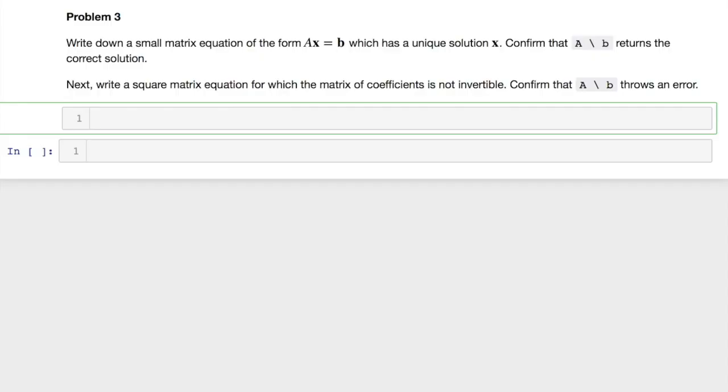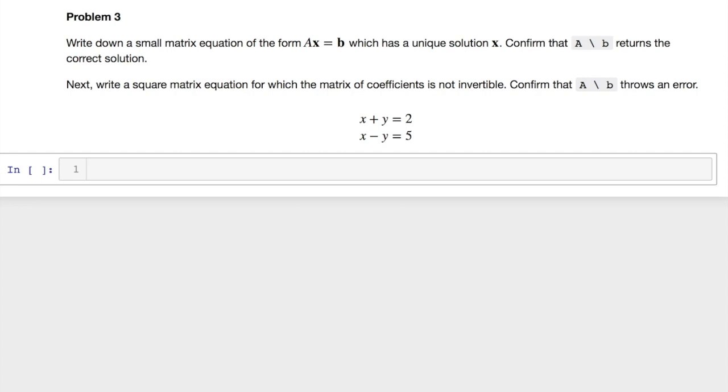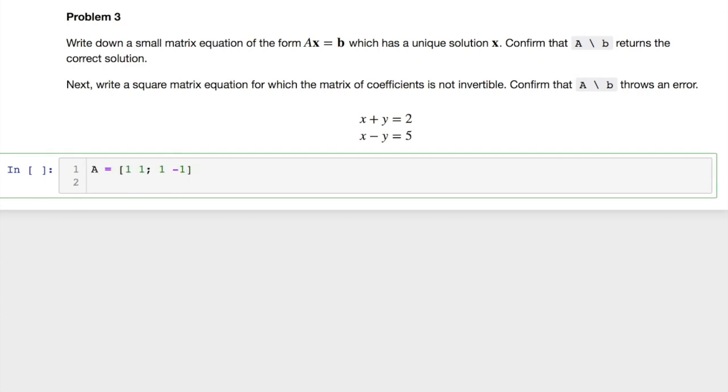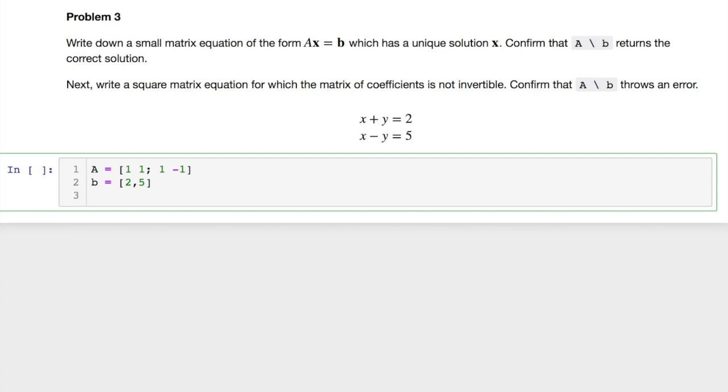In this problem, we're asked to investigate the behavior of Julia for solving linear systems of equations. Let's start with a simple system like x + y = 2 and x - y = 5. The matrix of coefficients for this system is [1, 1; 1, -1], and the vector on the right-hand side is (2, 5).